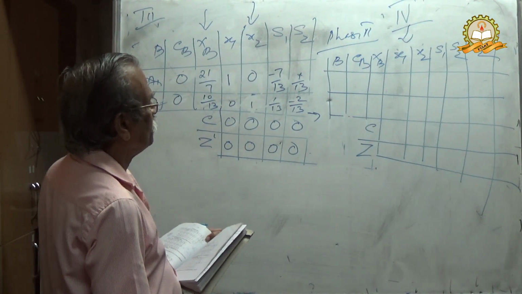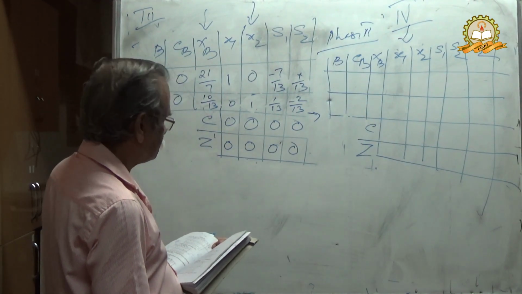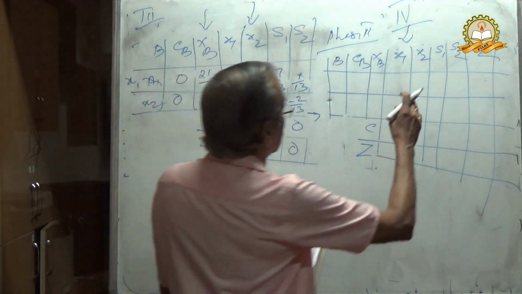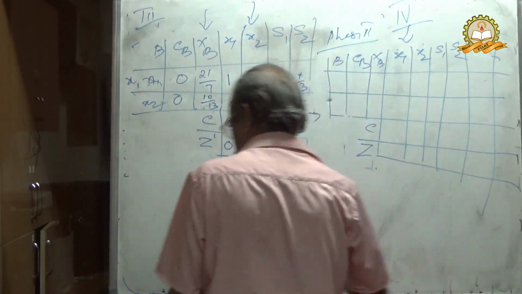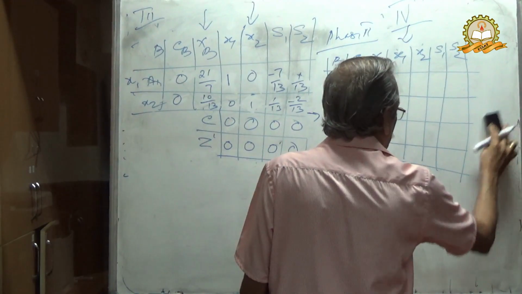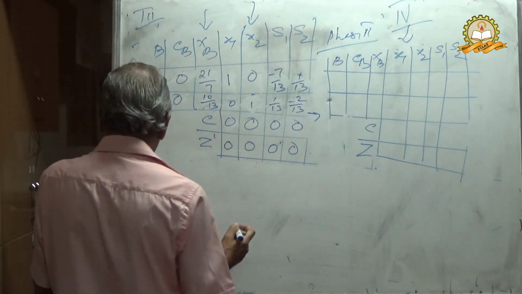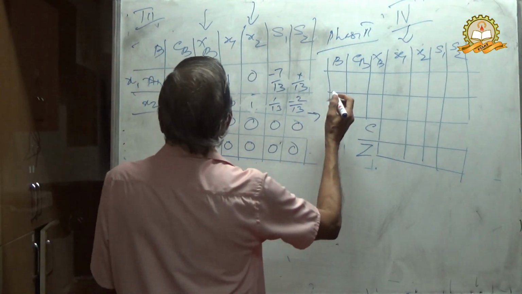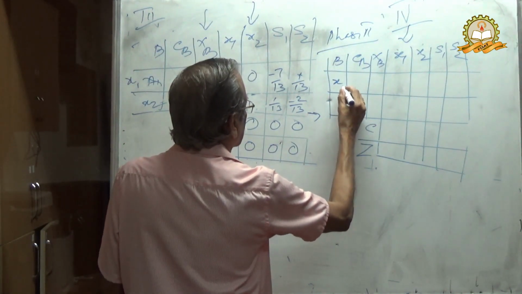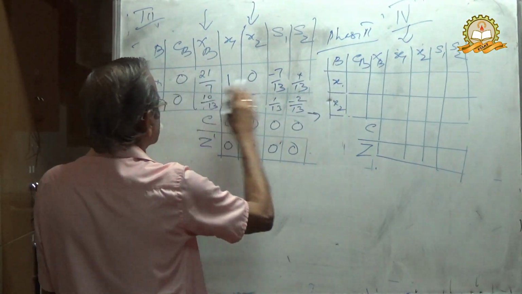The fourth table will have columns B, C, B, X, B, X1, X2, S1, S2, S3. S1, S2 alone. Here you can fill X1, X2, the same way.